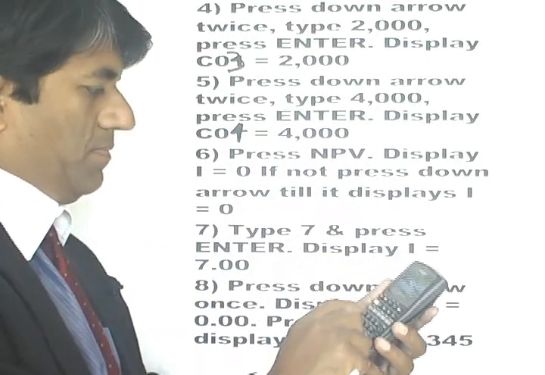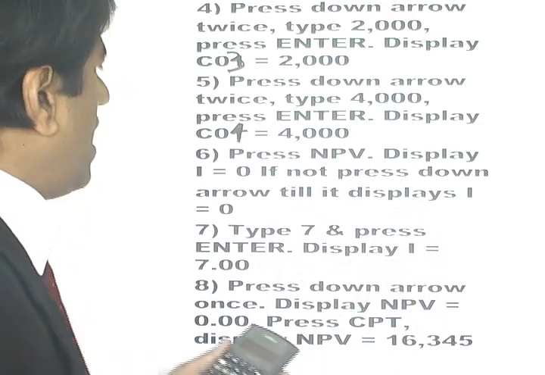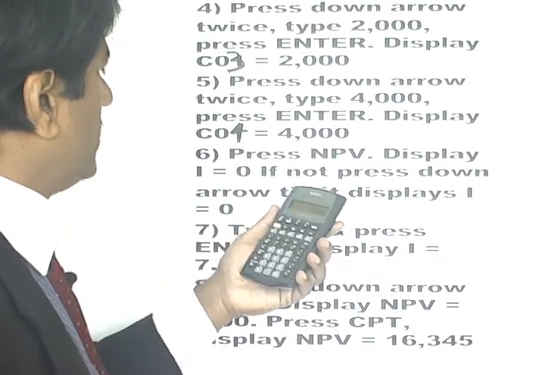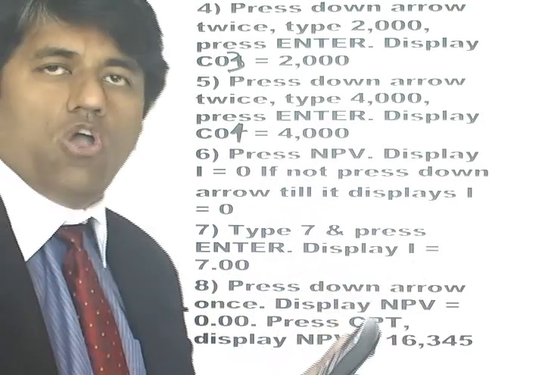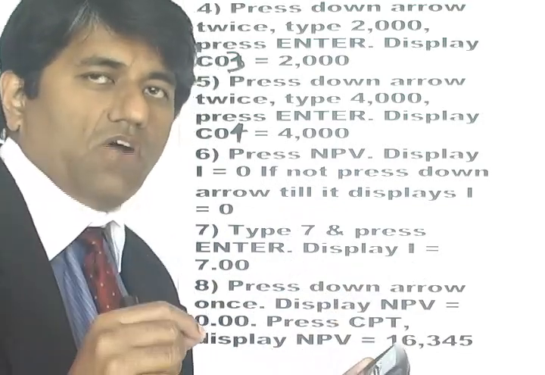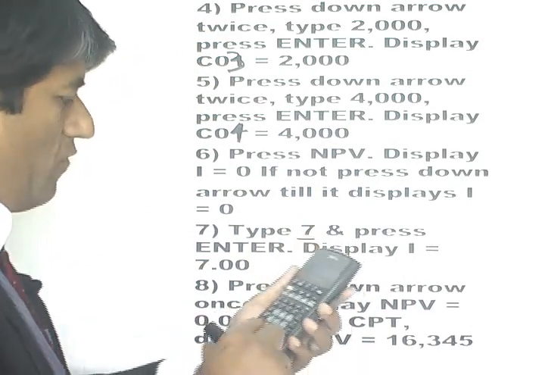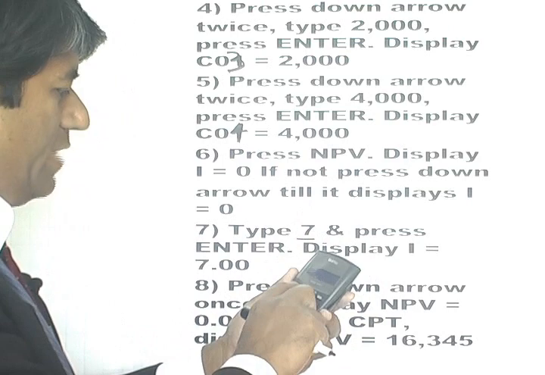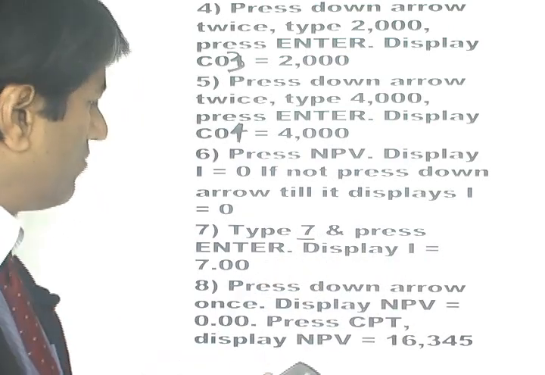Now press NPV, and it should display I equal to 0. Now you want to enter the rate of discount. So you enter 7, because it's 7%, and then press enter. It should show I equal to 7.